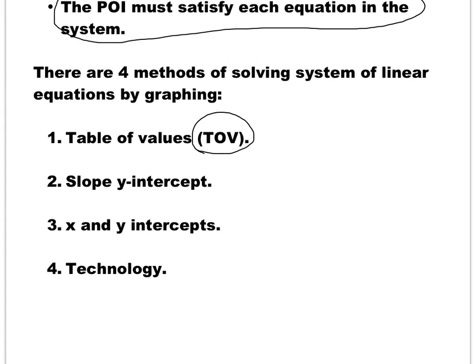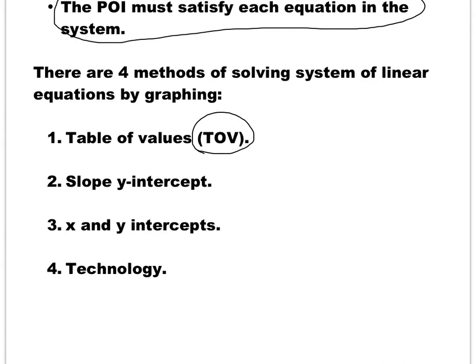The next one is slope y-intercept. When you have your line in slope y-intercept form, then you can use this technique to plot the line. The third way is to use x and y intercepts, which is probably the easiest technique in graphing a line if you want to do it manually.